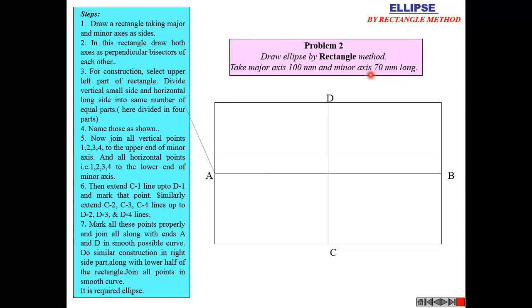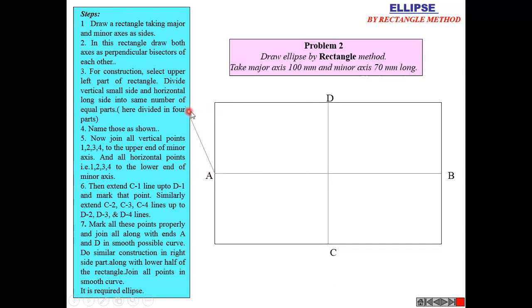From point A, in this upper quarter region, we are going to construct a portion of the curve. First our task is to divide this line into an equal number of parts. We discussed division of a line into equal parts in the very first lecture. In the same way we divide this segment into either 3 or 4 equal parts.